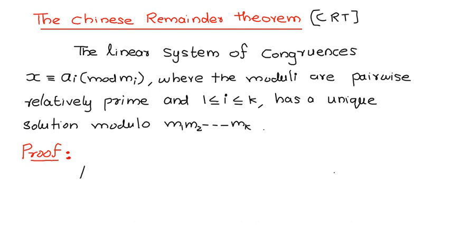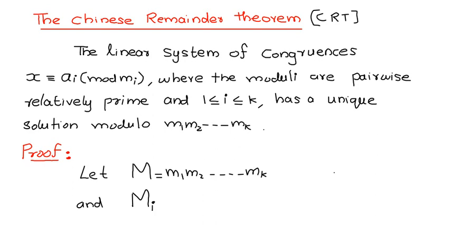For proving, we take capital M as the product of small m1, m2, etc., mk, and we take a new term, capital Mi. Capital Mi is the product of the above, that is, capital M divided by small mi, for 1 ≤ i ≤ k.